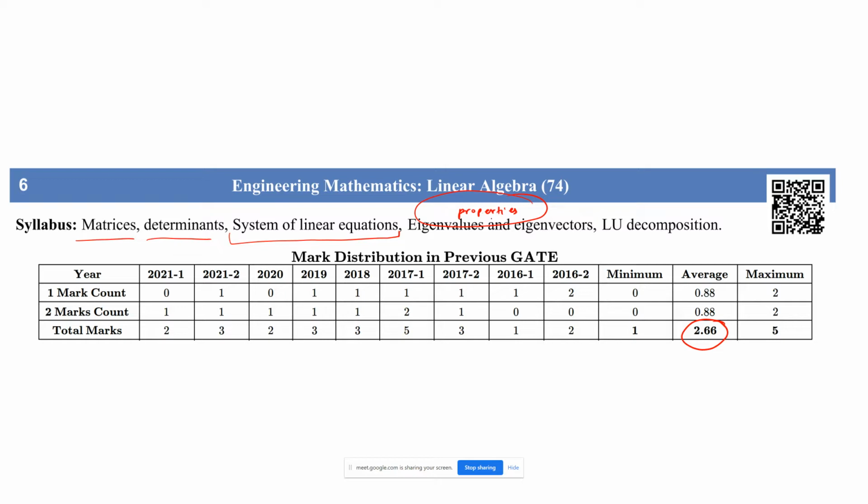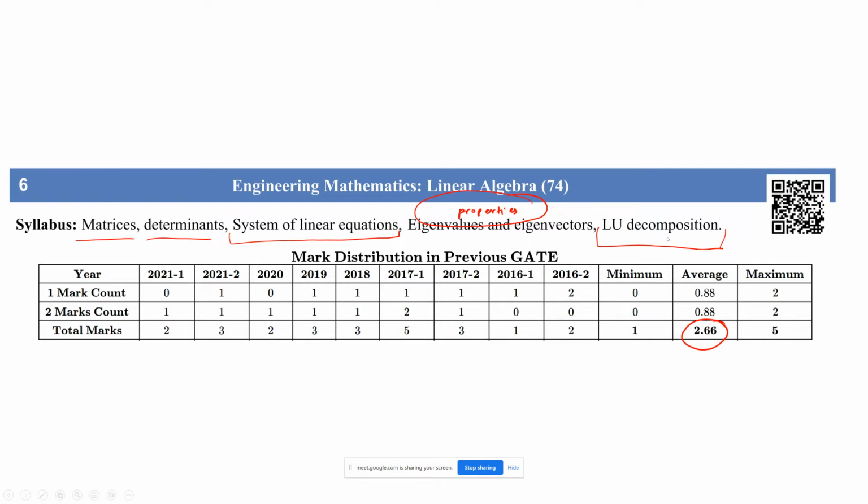So you need to understand the properties, and you need to know when, where, and how to apply them. And finally, we have LU decomposition, which is just one technique that we will cover in the future. So if you prepare from these 5 topics, you will easily get 2.6 marks in GATE.